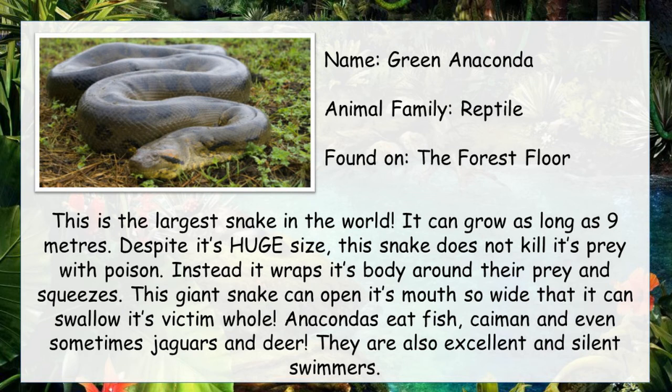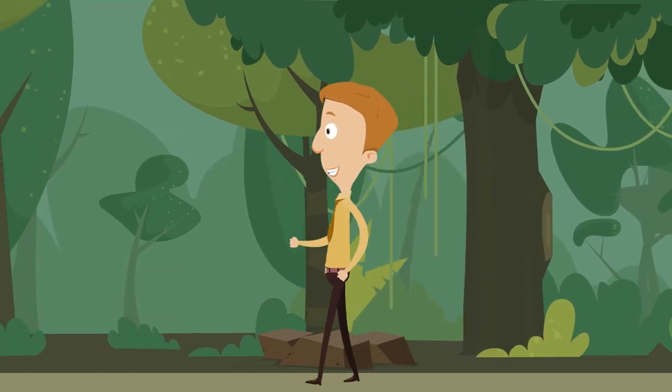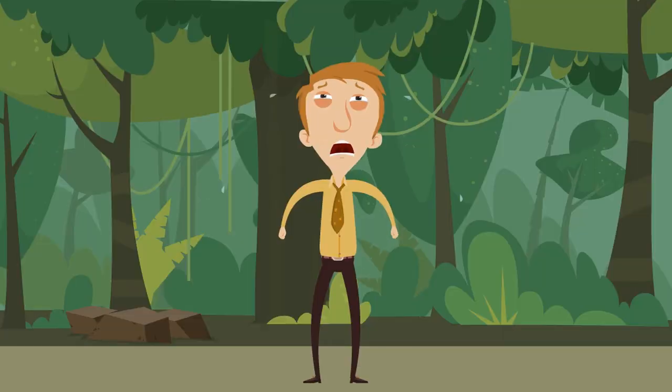Anacondas eat fish, caiman, and even sometimes jaguars and deer. As if that wasn't bad enough, they are also excellent and silent swimmers. So there's not much escape if an anaconda wants you for supper. Let's keep moving away from this guy and see what else we can find.